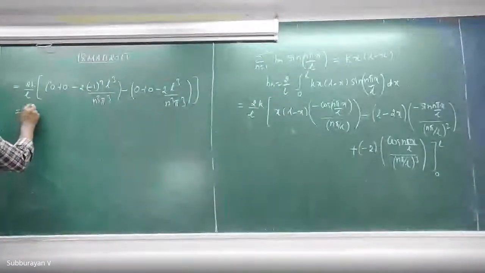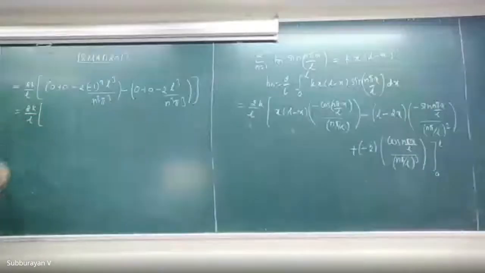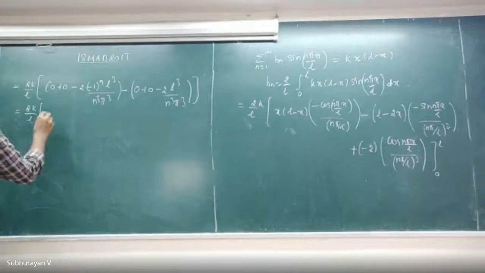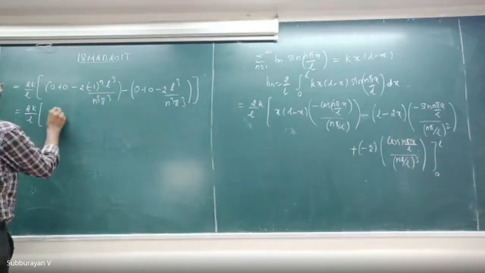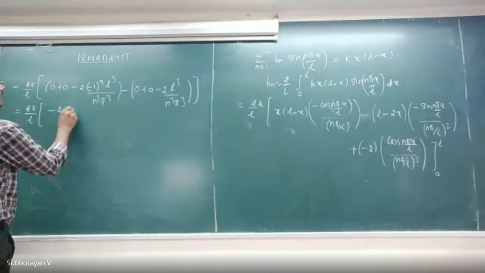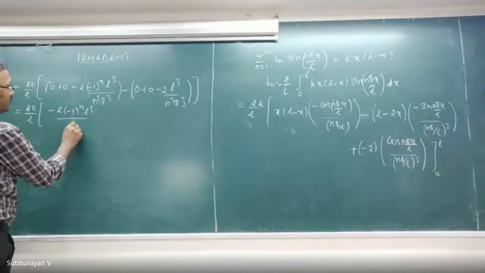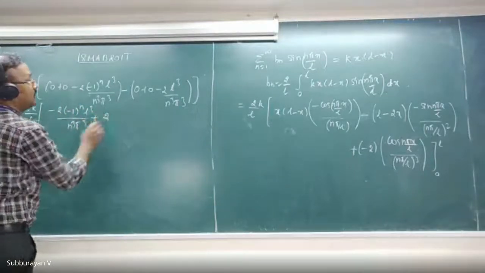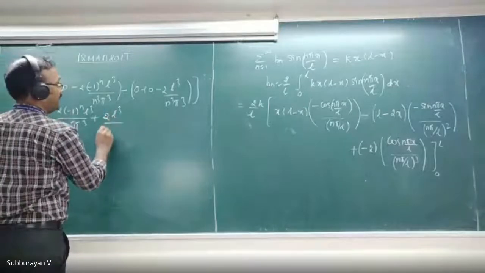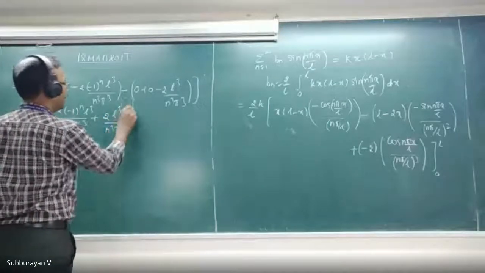Hence 2k divided by L, and what will I get here? This is minus 2 into minus 1 whole power n, L cube divided by n cube π cube, plus 2 L cube divided by n cube π cube.